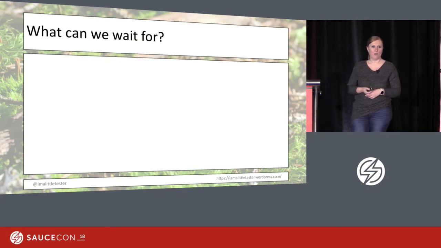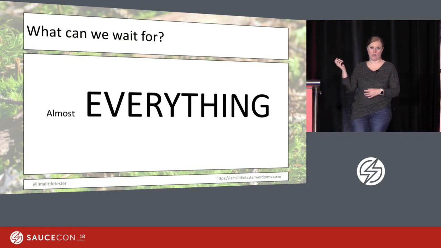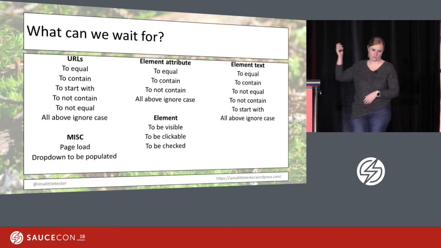Been there. So I'm going to show you what I wait for in my tests, and these are just some of the few things. You can wait for almost everything that happens on the page, and that almost everything includes URLs. Some URLs, like you're doing something, you're clicking on a button, and you're waiting for a specific URL to load in your browser. You're waiting for a URL to contain certain keywords or to not contain certain keywords.